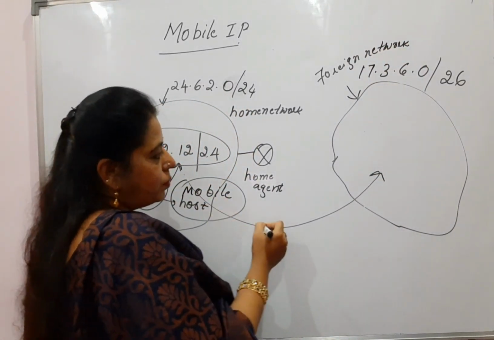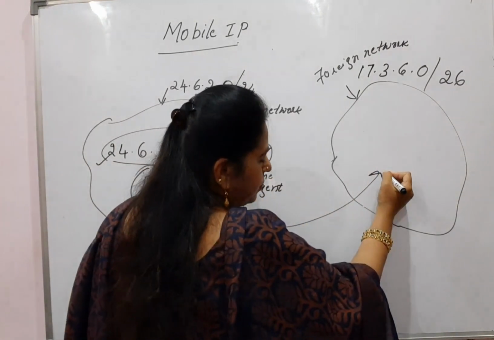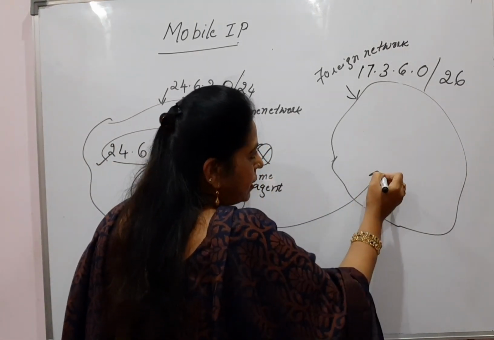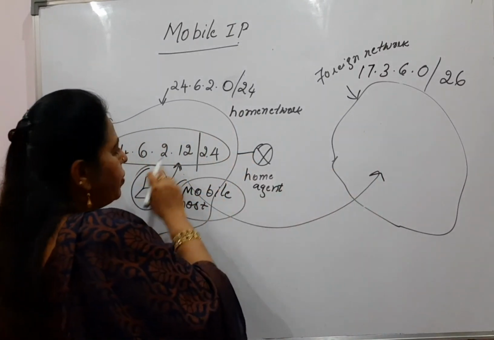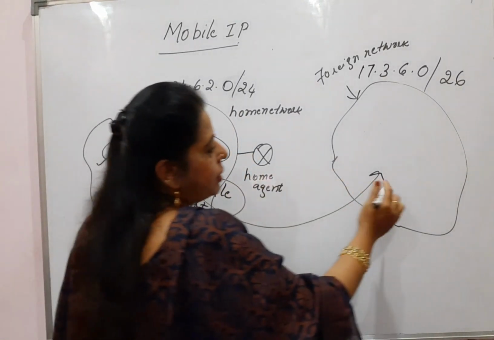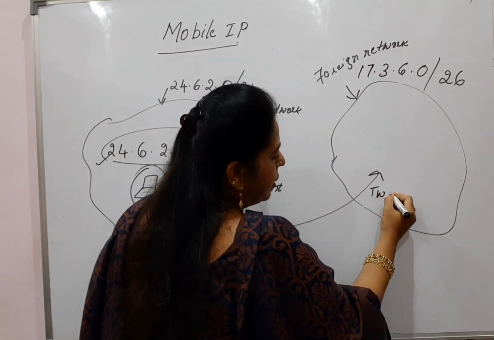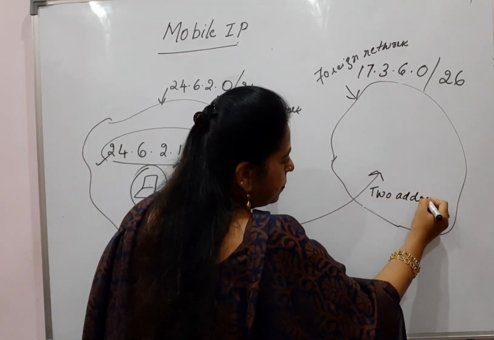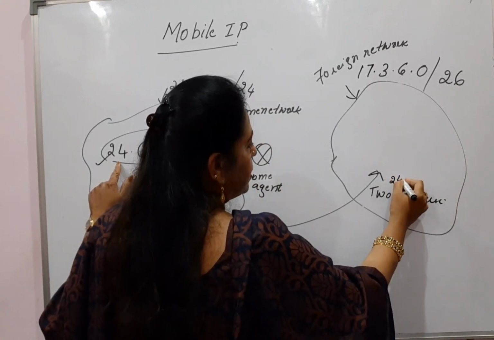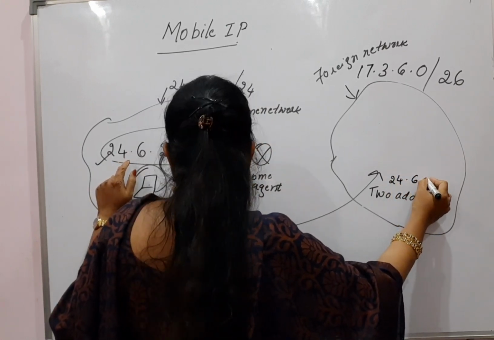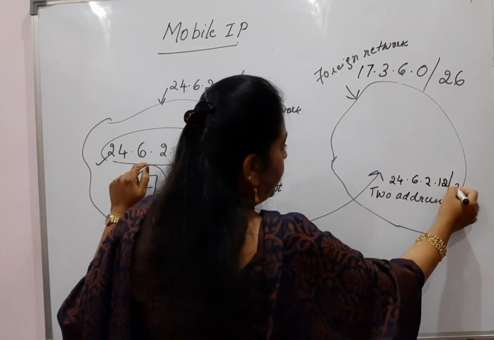First and foremost, whenever a host comes to this network, an address of this network is assigned, and the host also carries its home address. That means two IP addresses are assigned here. One is the original one that was assigned, 24.6.2.12 slash 24.